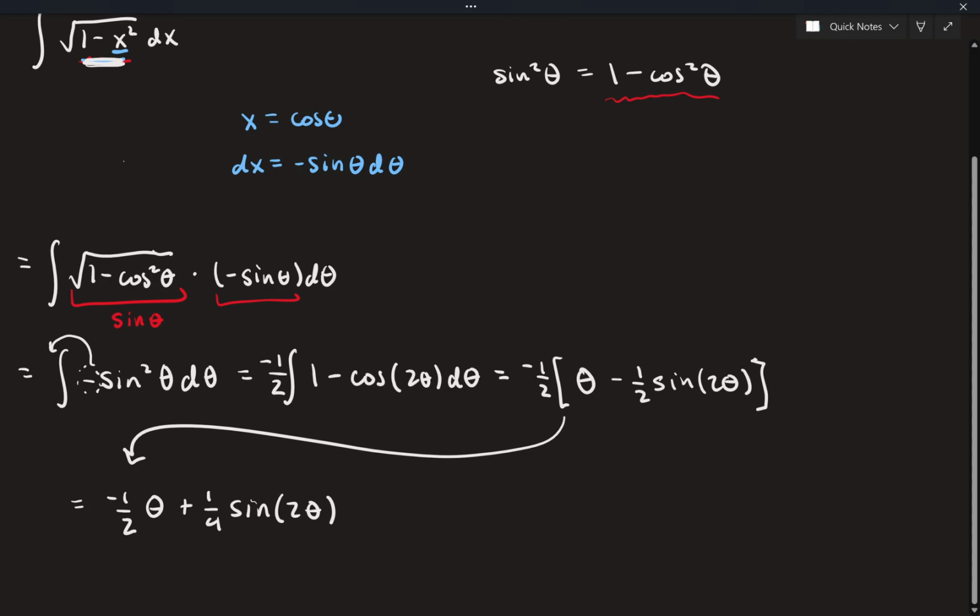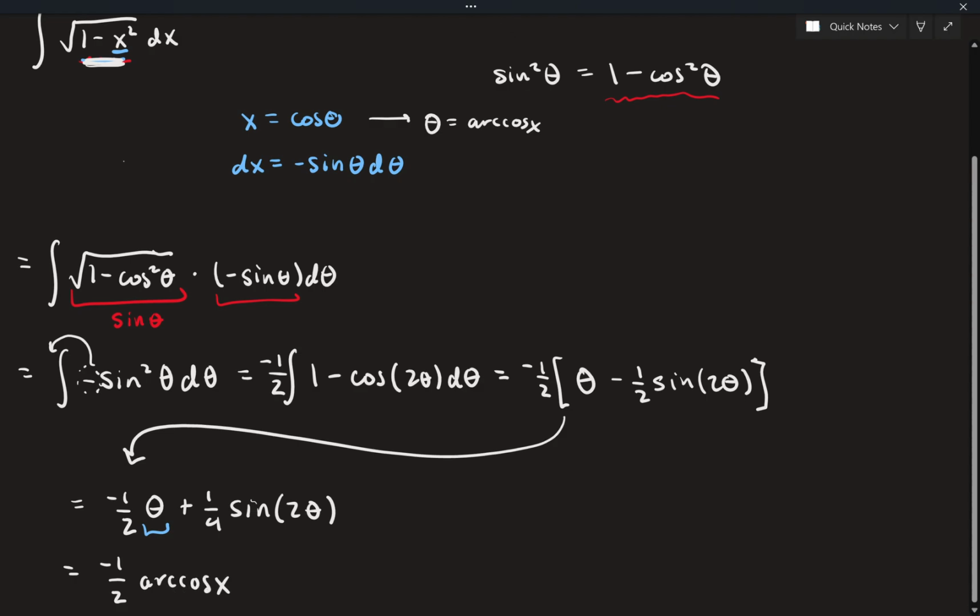Okay, so now just like before, I have to turn everything back into x's. This is the trickier part of trig sub, because you have to be careful with your signs of 2x's. You have to know your double angle identities. Theta is not too hard to do. Theta is just inverse cosine of x. So I'll get minus 1/2 arc cosine x.